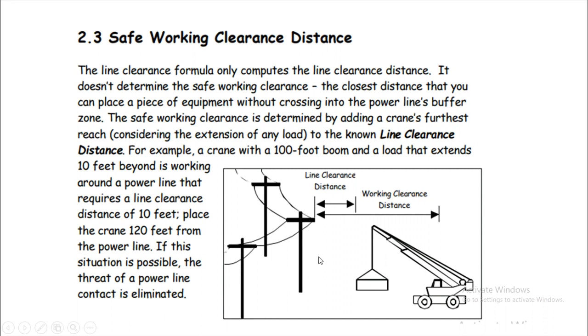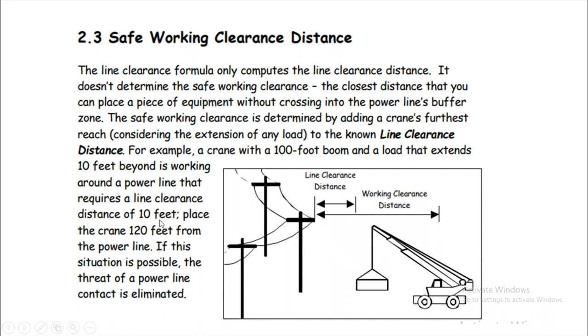So if you place the crane 120 feet from the power line, then you have a safe working clearance distance, because the line clearance distance, as you can see in the sketch here, is only from the farthest load of the crane to the power lines.